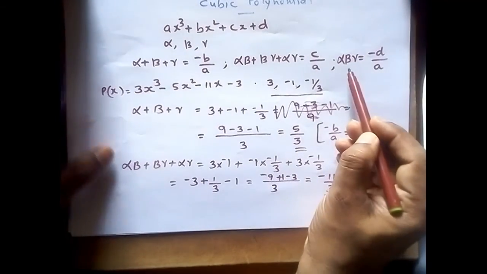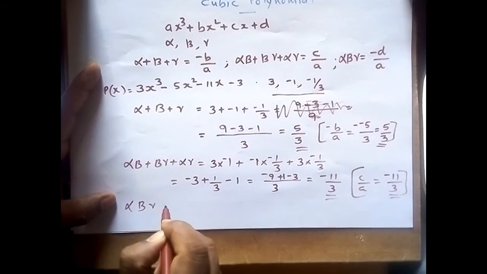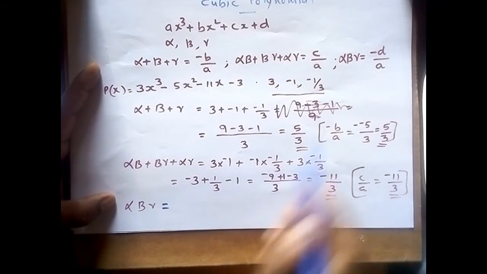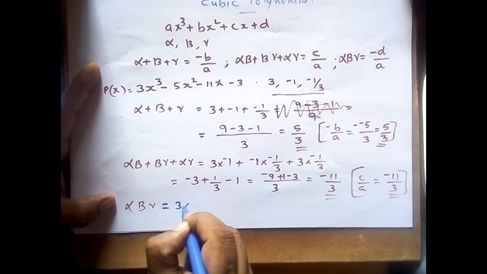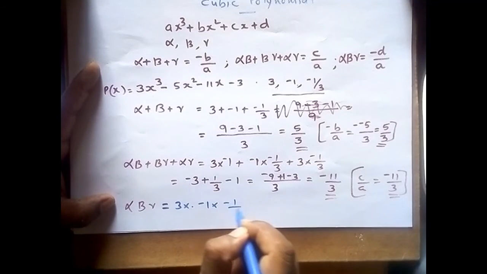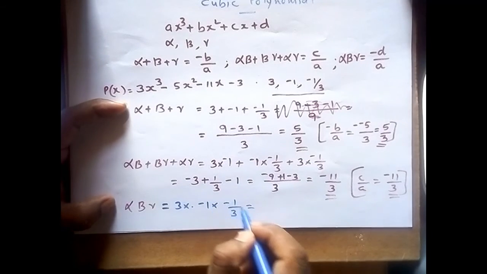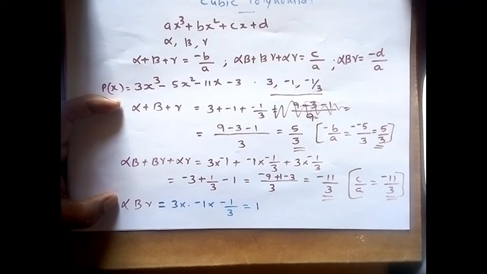Now we have to see the last result, alpha beta gamma. Alpha beta gamma is equal to 3 into −1 into −1/3. 3 and 3 get cancelled, and −1 and −1 get multiplied, so we are getting 1 here.